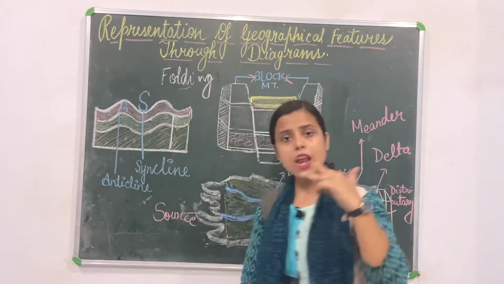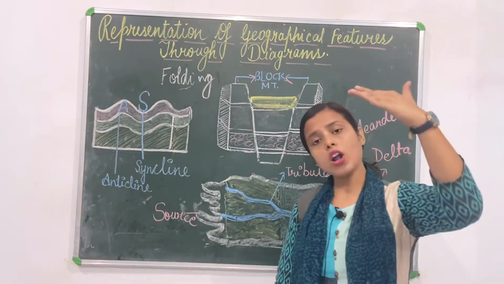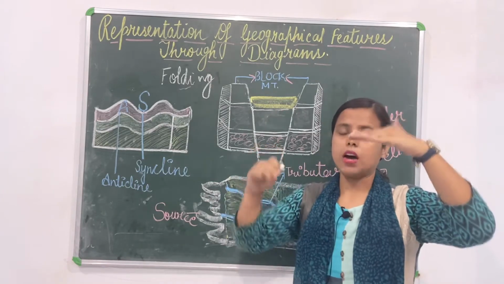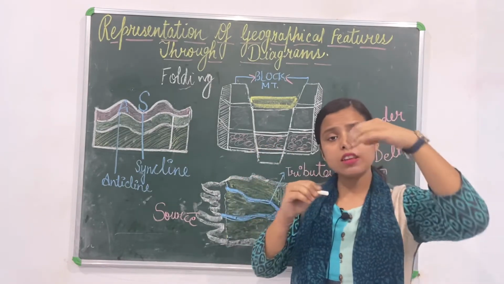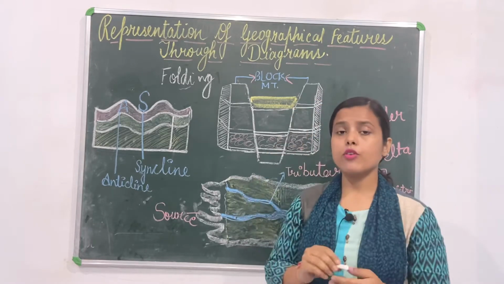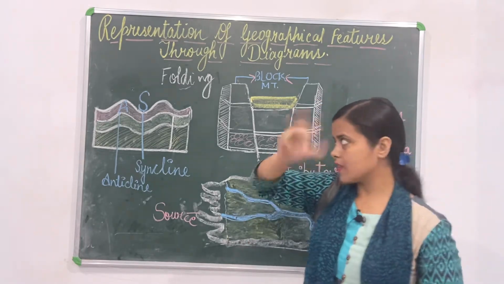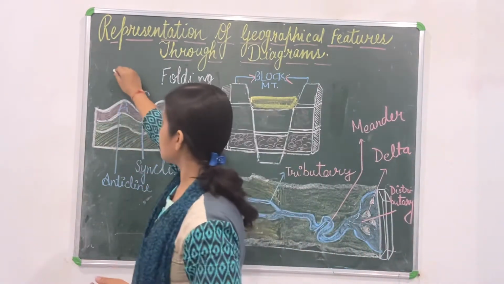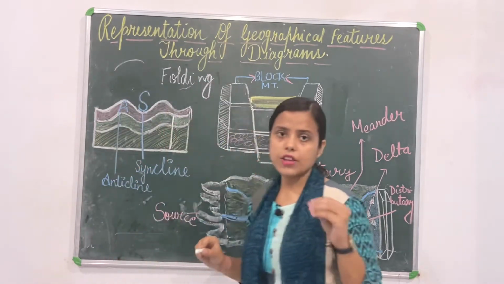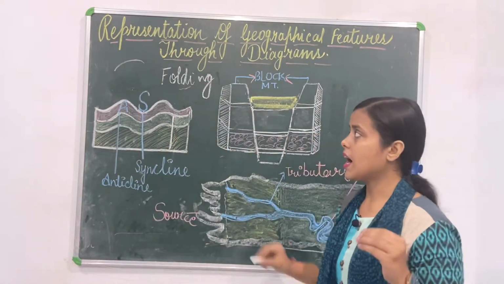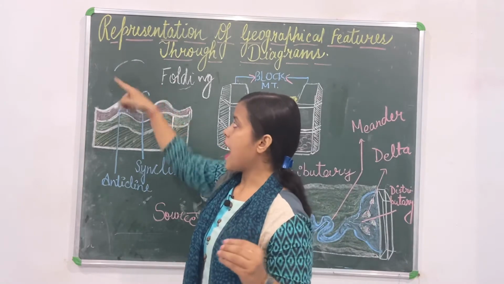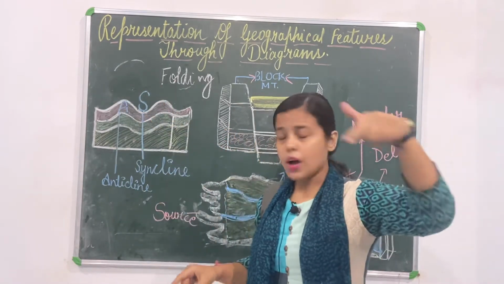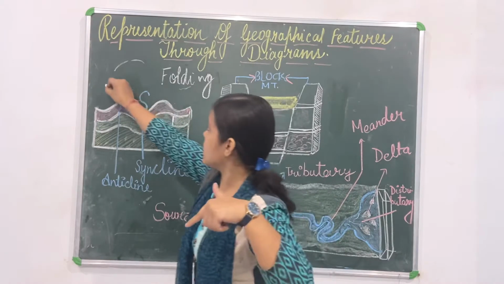Now, as you can see here, folds are formed. And the folds can be distinguished into the upfold part and the downfold part. The upfold part is in the shape of an arc. If you use a compass in maths, when you draw an arc, it is in this shape. Isn't it? And this downfold part is in this format.